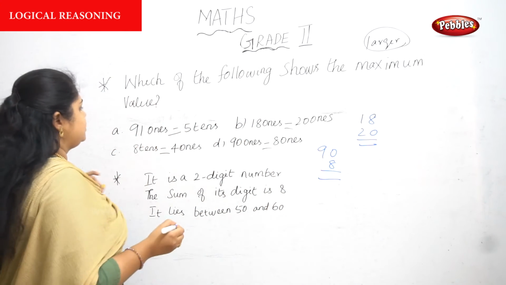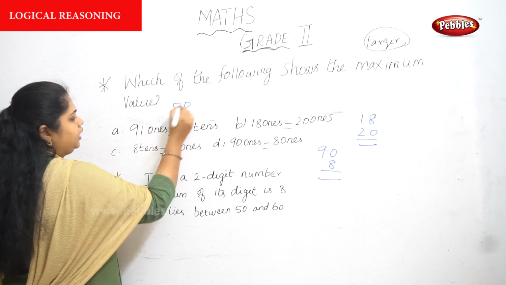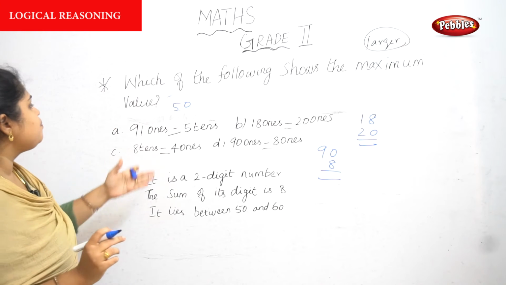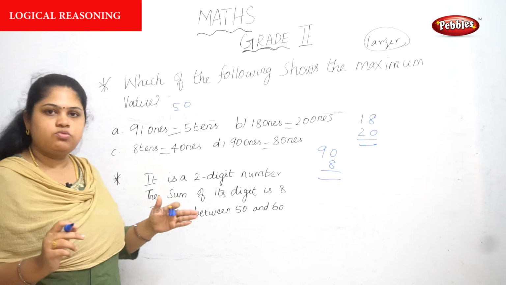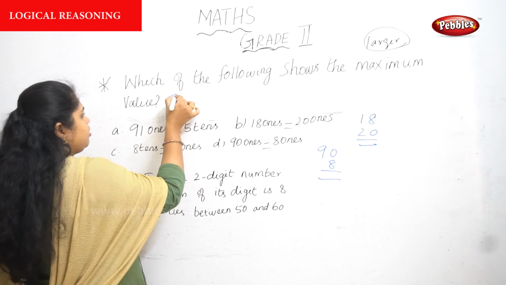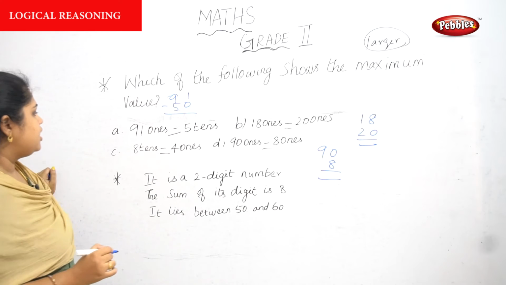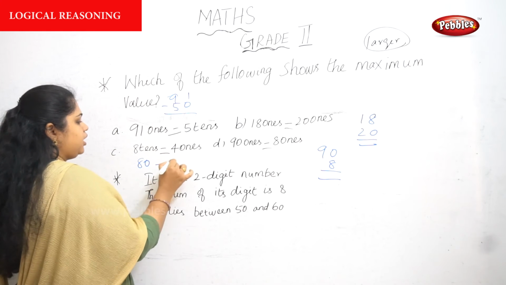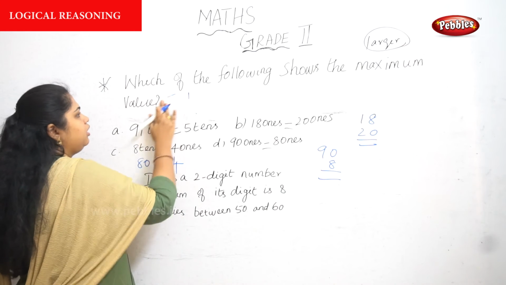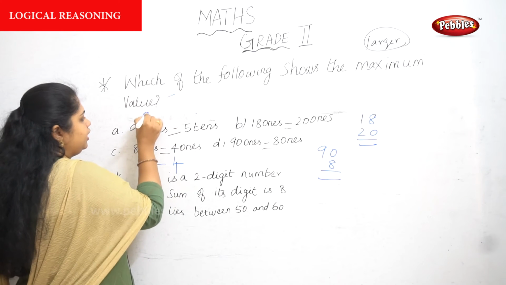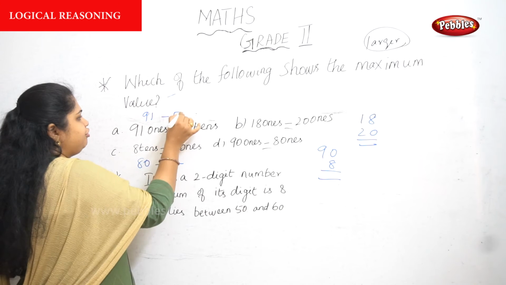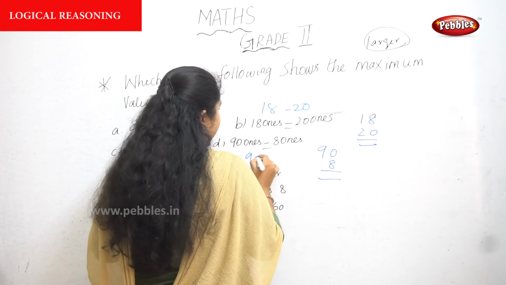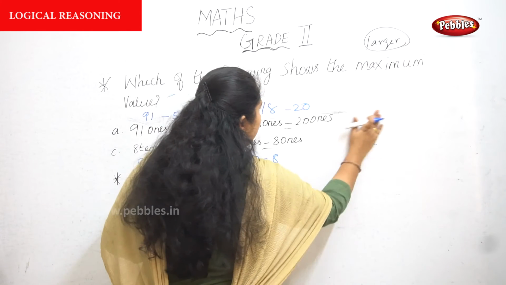See here, 5 tens means 50. So 91 and 50. Next, 8 tens and 4 ones: 8 tens means 80, so 80 minus 4. So here, 91 minus 50, here 18 minus 20, 90 minus 8. So this is the whole number form.